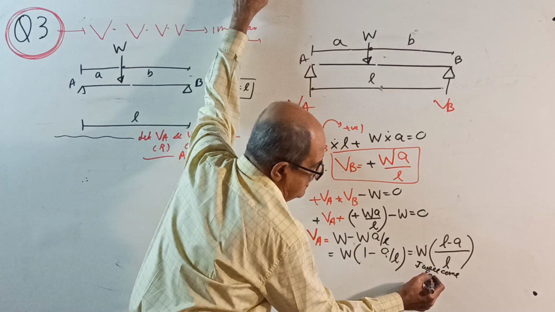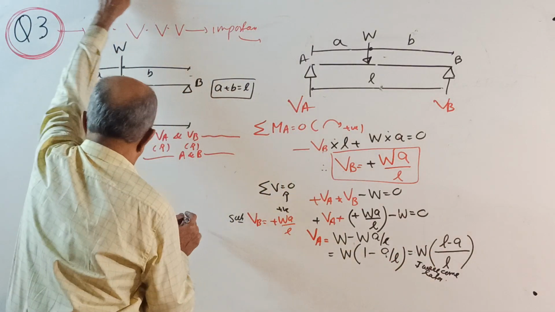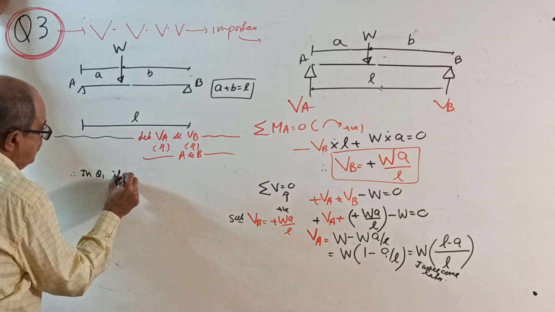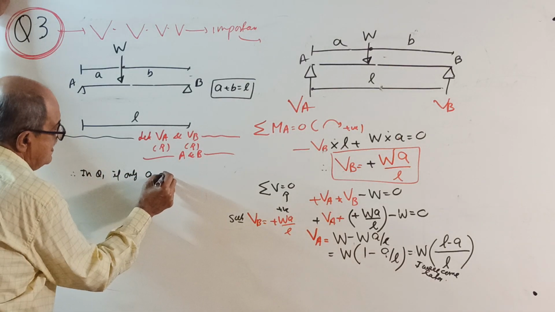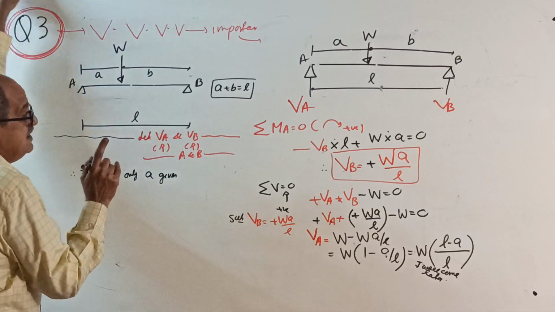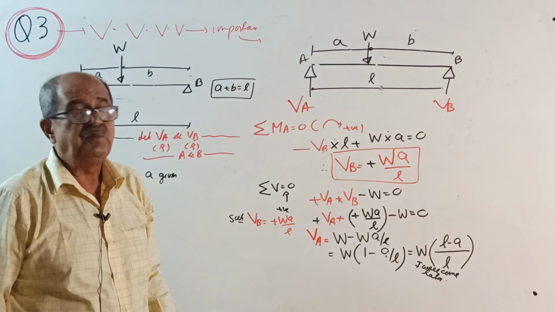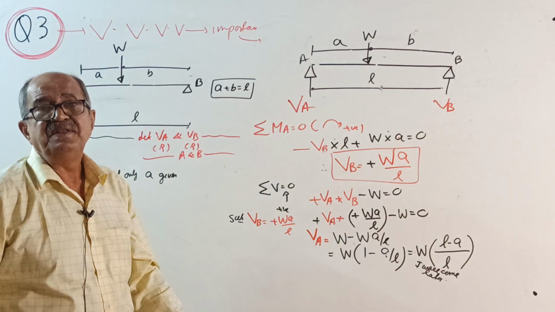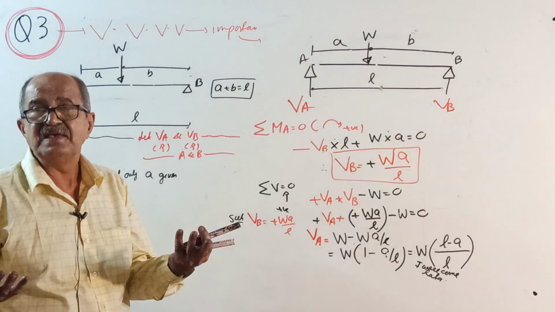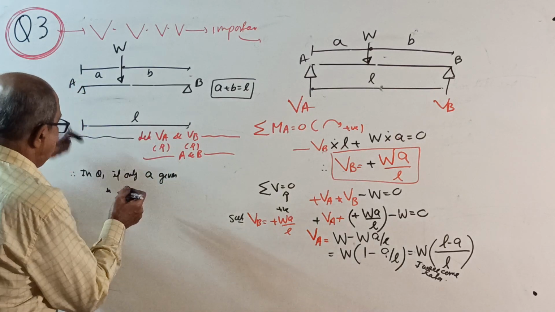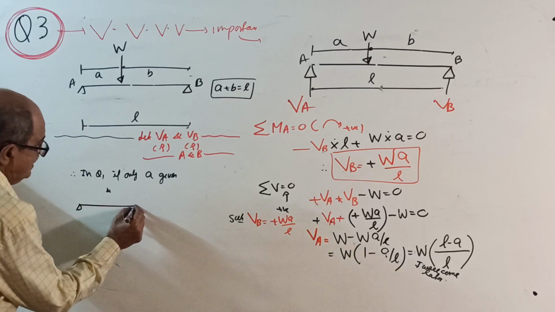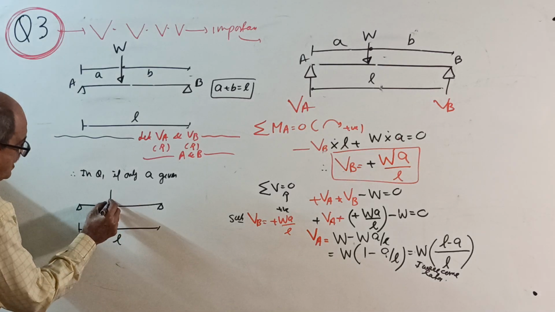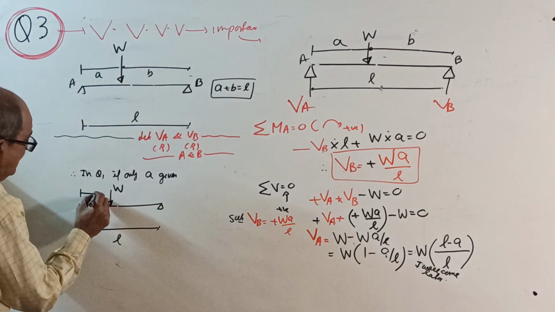In a question, if only A is given, that is, if the question is a simply supported beam of span L loaded by a point load W at distance A, or anything they can tell, A from the left hand. See, they will tell span L, a load W at A from the left hand.